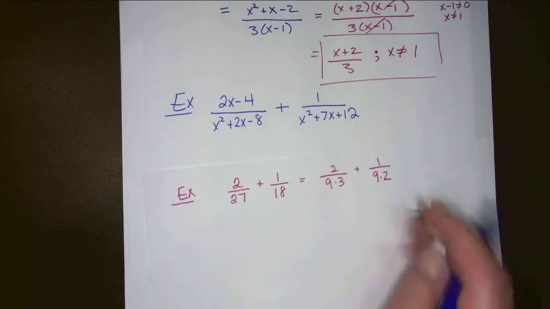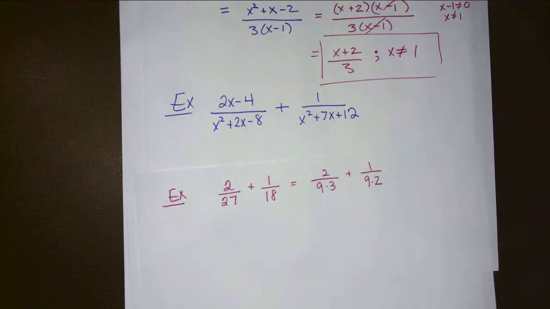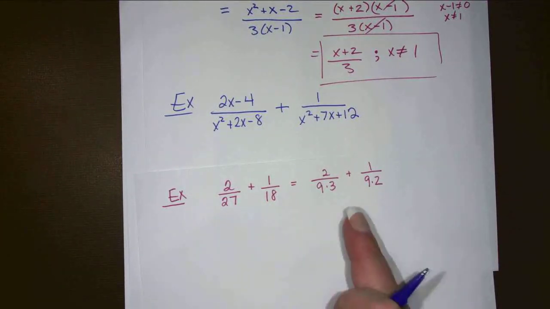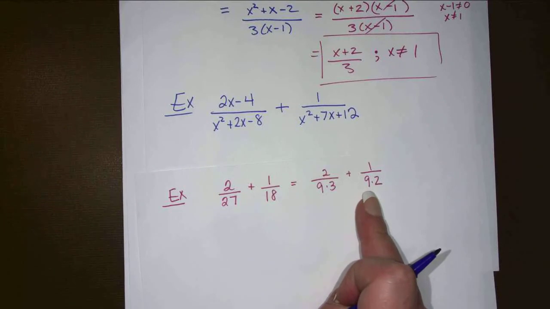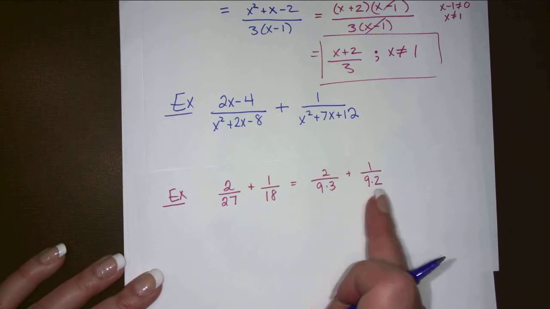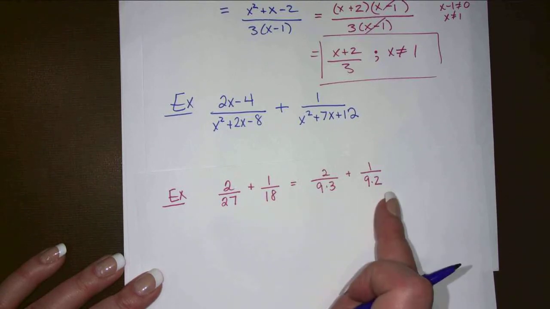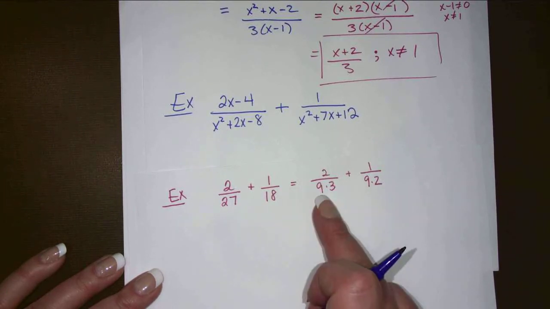What would be the common denominator? Look at these. To make the bottom the same, don't think about what it works out to be, but to make the bottom the same, we would need a 9 on both, which we already have. What else do we need? A 2 on both. Because this one has a 2, that one would need a 2. And then what would this one need? A 3, because the first one has a 3.